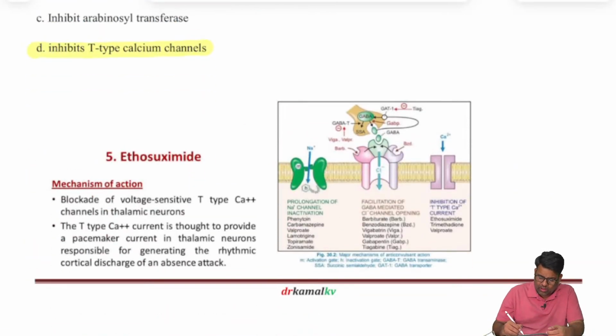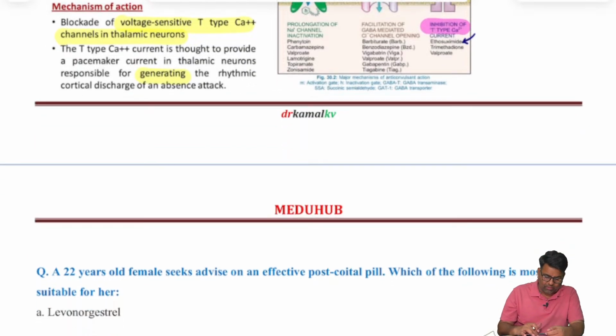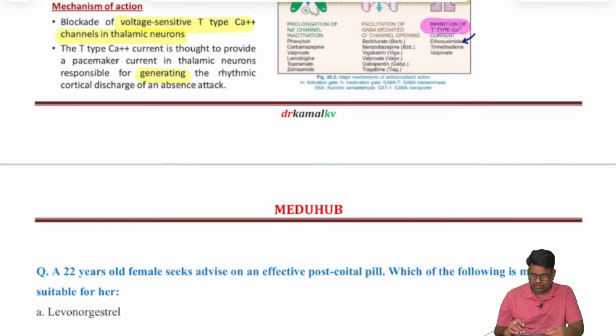That is an important action of ethosuximide, right? So T type of calcium channels. That is the mechanism of action of ethosuximide. Therefore, it reduces the generation of those responses for epileptic fits.